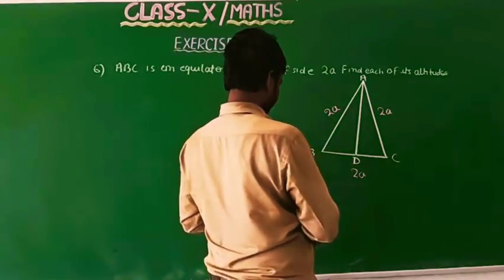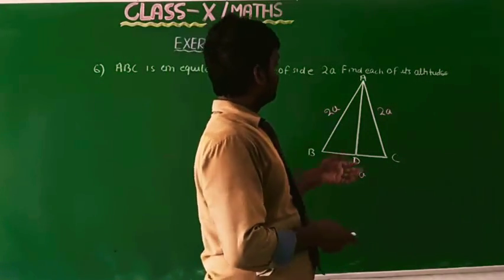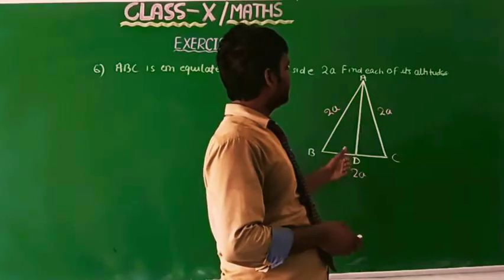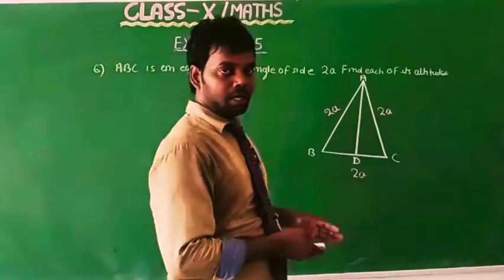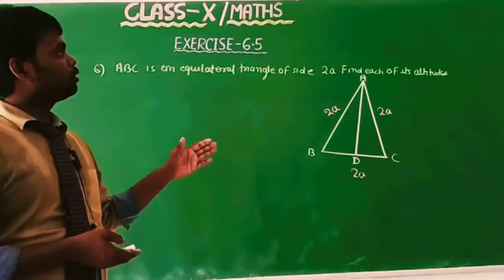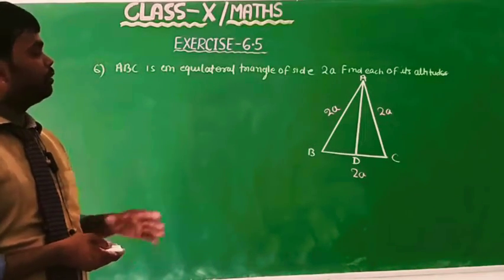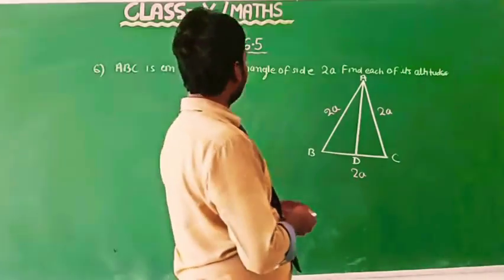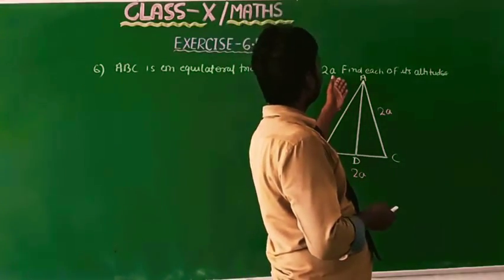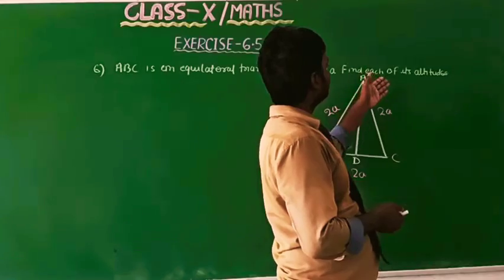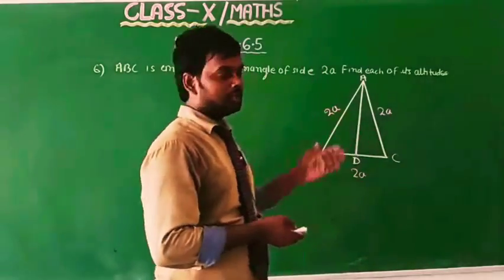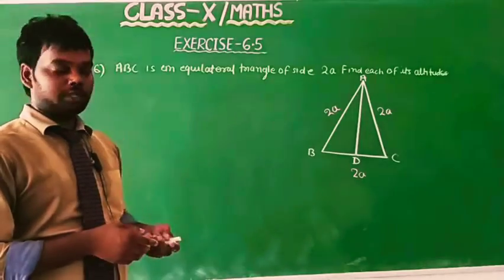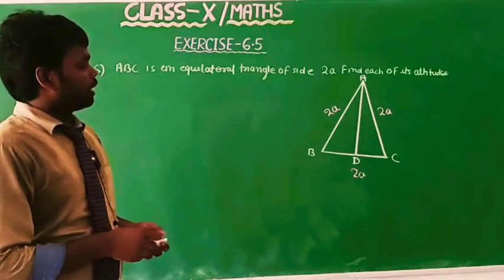So this is an equilateral triangle ABC, and AD is the altitude from A on BC, and we have to find each altitude in this question.